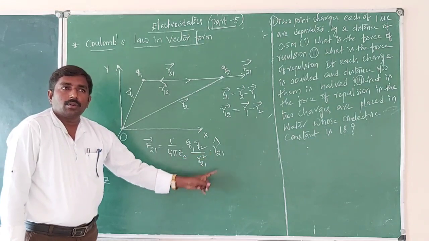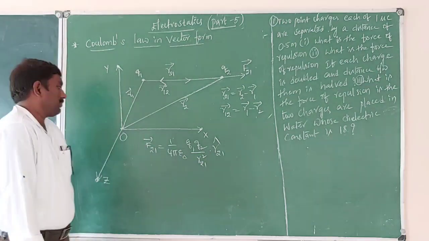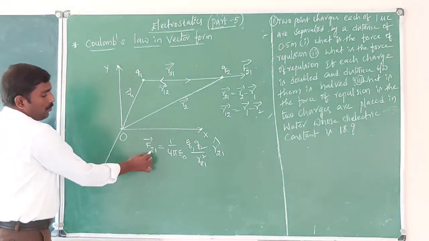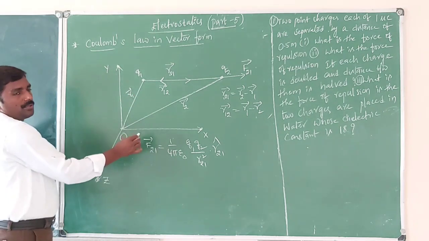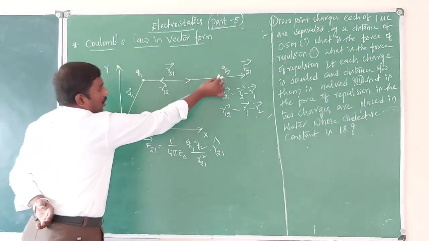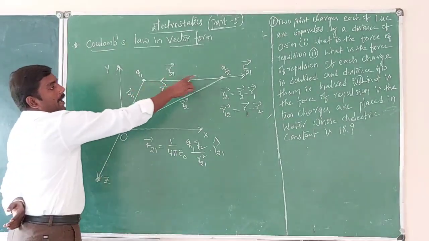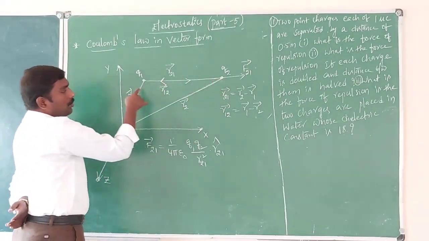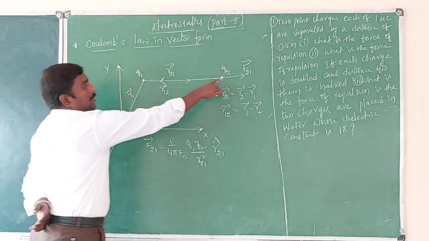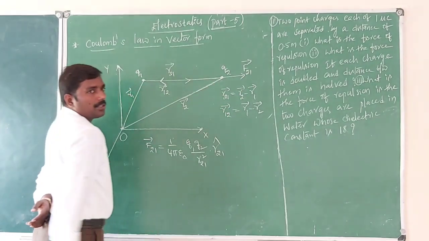Its magnitude is equal to 1. So F21 means the force acting on Q2 due to Q1, and the direction of force is as shown in the figure.